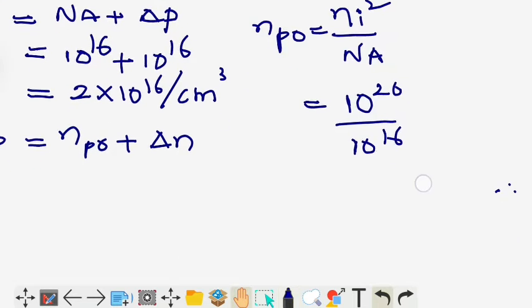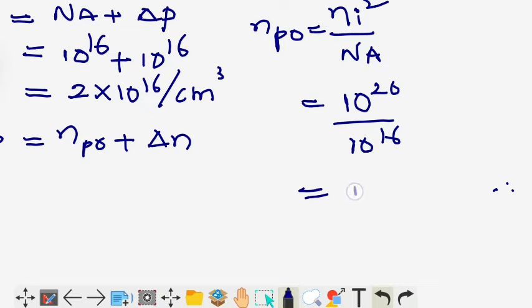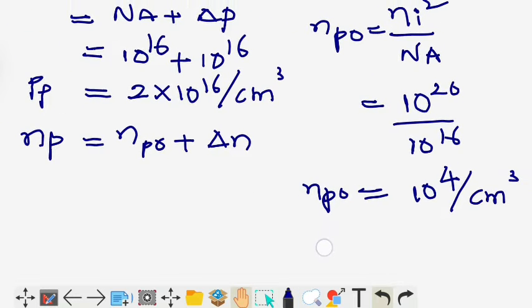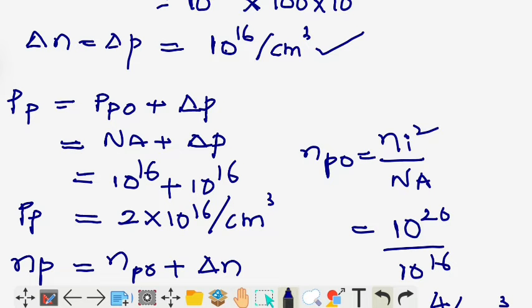So that is 10 to the power of 4 per centimeter cube, that is np naught. When you substitute that in this equation, it is 10 to the power of 4 plus delta n. So delta n here is 10 to the power of 16 per centimeter cube.